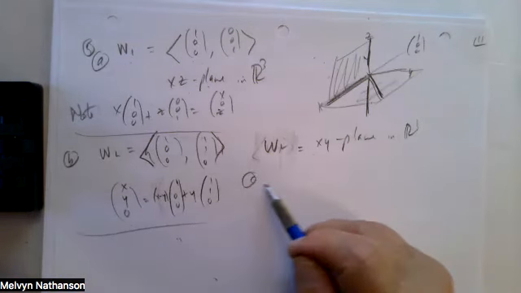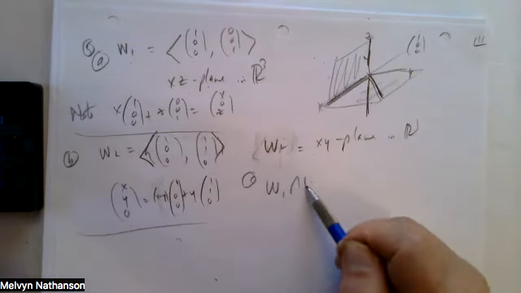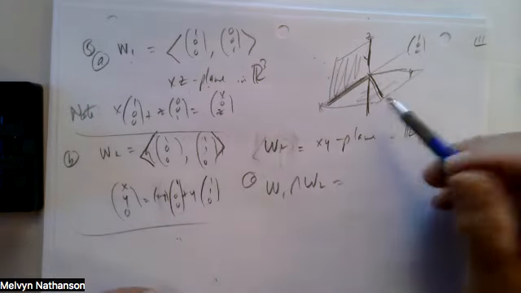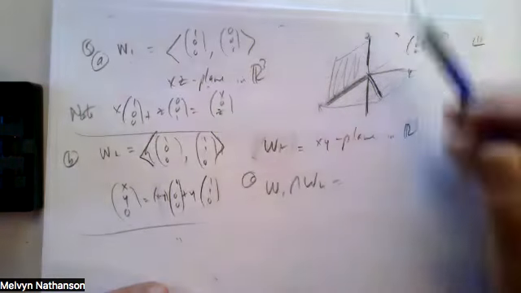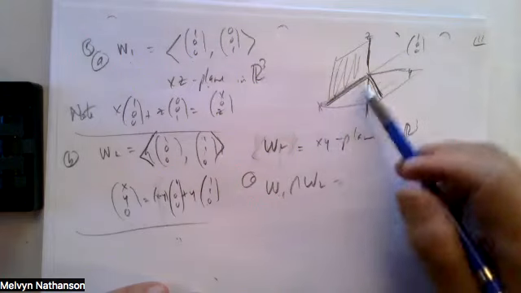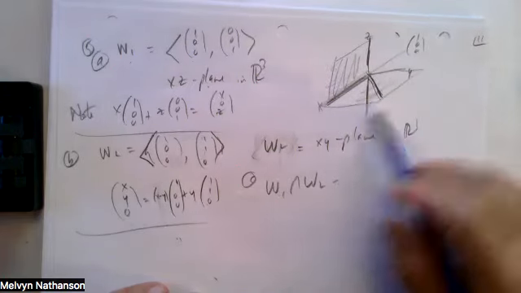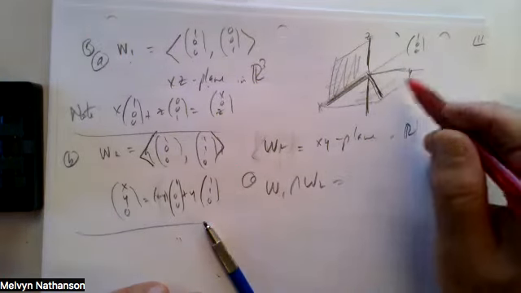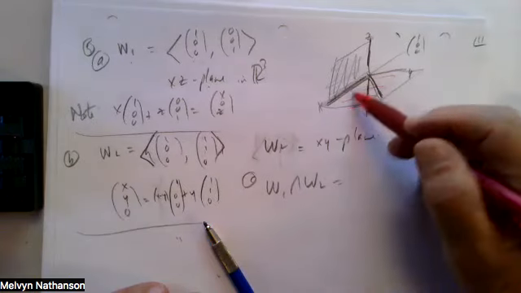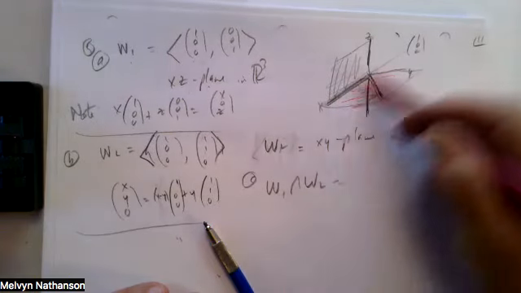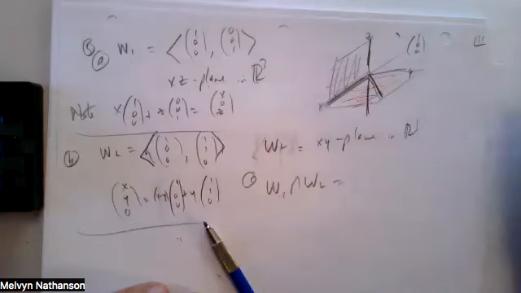In part C, it asks, what is the intersection of these two? So if you think about this geometrically, W1 is the xz plane. W2 is the xy plane. They intersect in the x-axis.